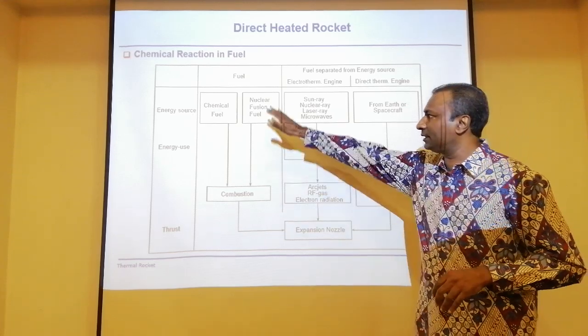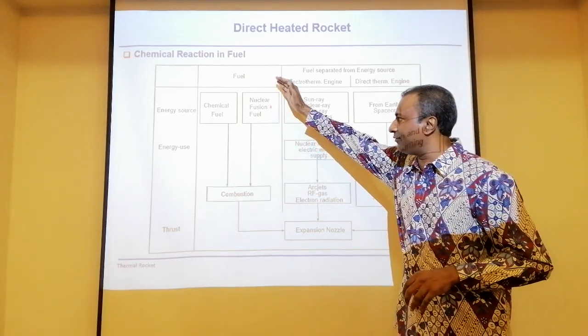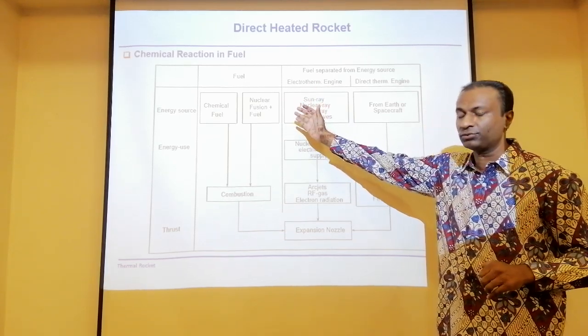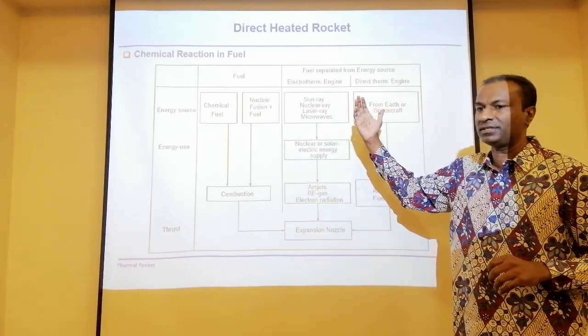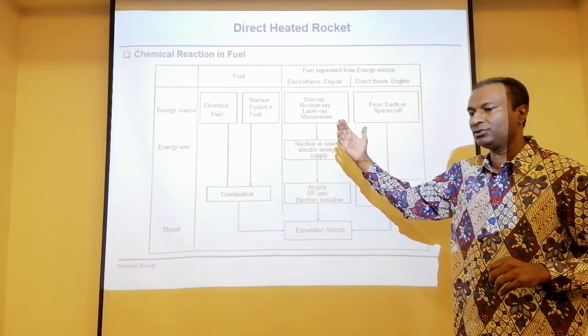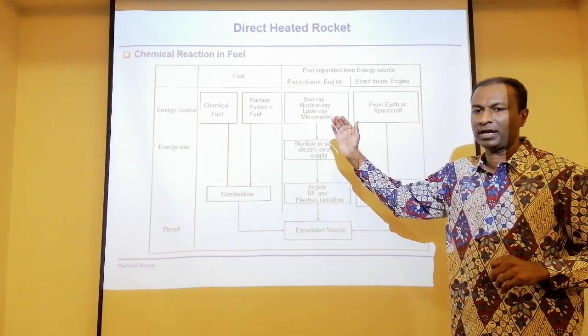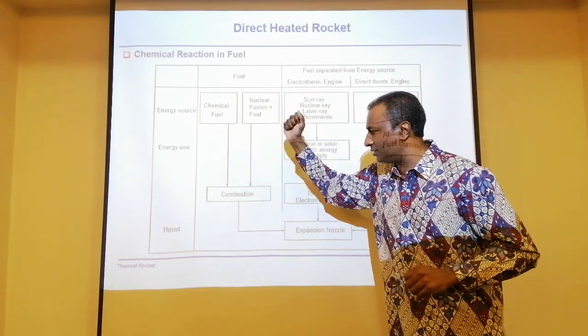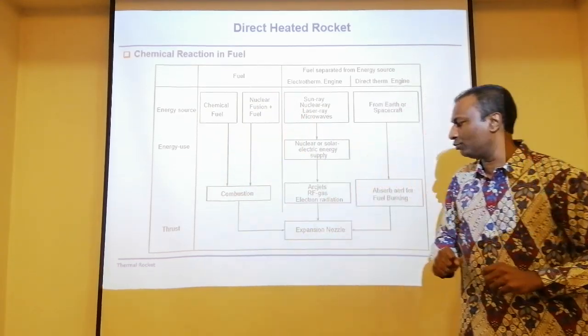Now, as far as the fuel is concerned, you have the chemical fuels, or you may also have nuclear or fusion fuels. We will see that there are also nuclear engines, that there is an option to look into nuclear engines, but it is not popular when it comes to Earth-oriented missions. This will be the energy source. You have energy usage, then of course what you're going to produce is the thrust.